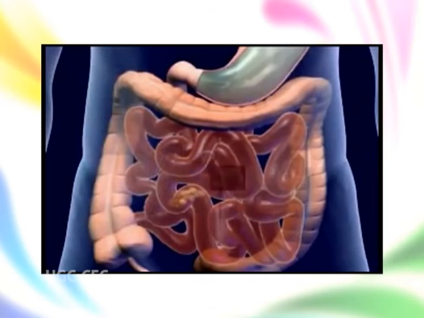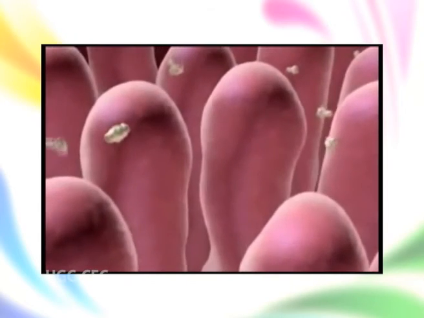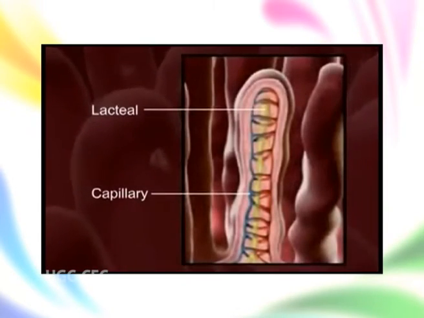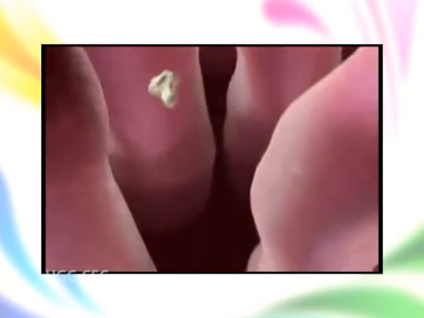Now the next function of digestive system, that is absorption or assimilation. It begins in the stomach. However, most of the absorption takes place in small intestinal walls. The walls of intestines possess villi, which are folded projections of intestinal wall to maximize the surface area for absorption of food. And now the last function, that is excretion.